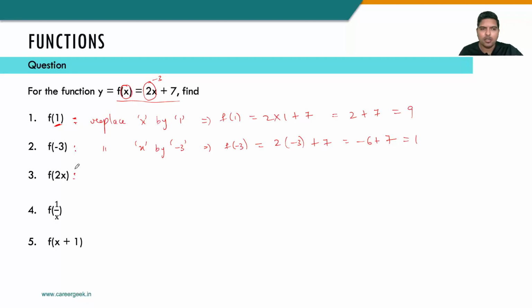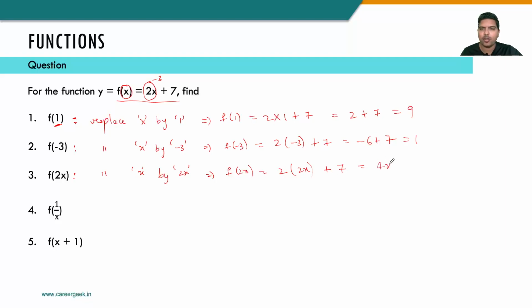Remember, when you have to find f of 2x, I will replace x by 2x. Okay, so f of 2x becomes 2 times 2x. Remember, the focus is only on the x and not on its coefficients.